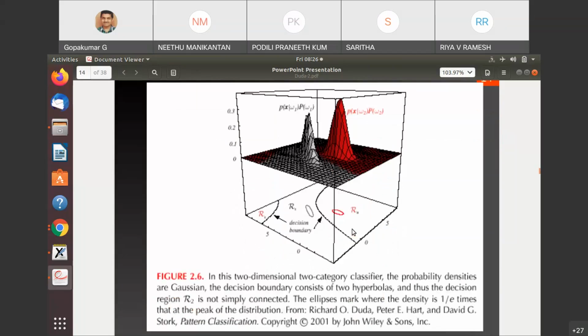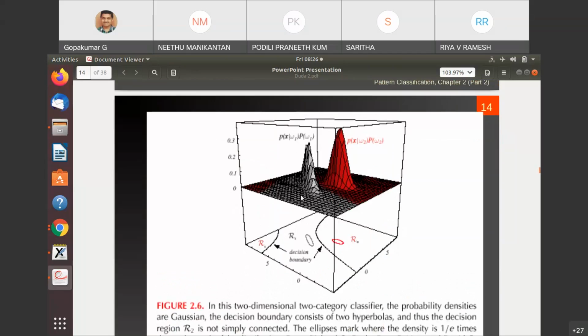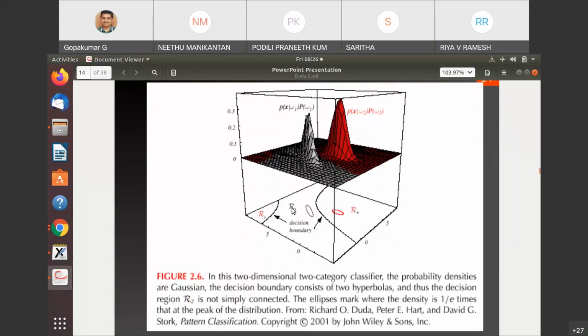The top portion of this figure represents the probability distributions, but the bottom are just their projections, or how the decision regions will look. So that is specifically for a two category classifier. The probability densities are shown at the top.